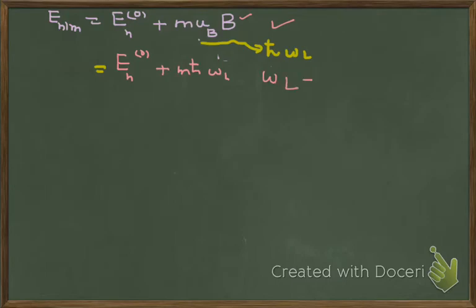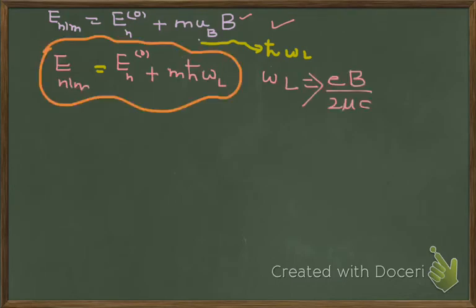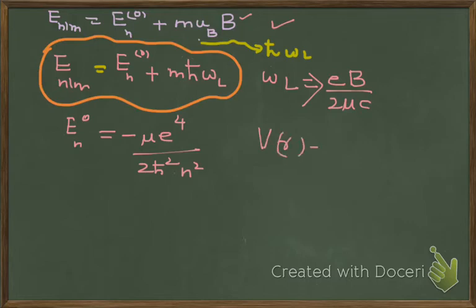Here E n 0 is the hydrogen energy levels, which is equal to minus mu E to the fourth over 2 H cut square n square, when V of r is taken as minus e square over r.